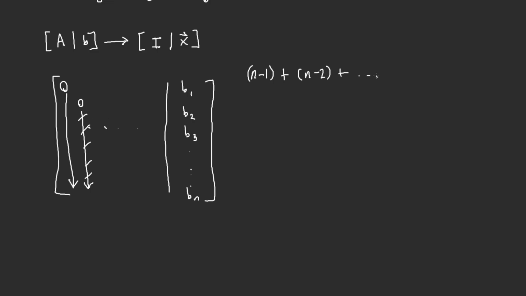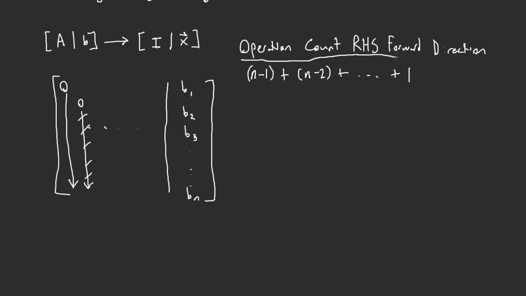And we need to do this for every one of the pivots. And so finally, when we get to the second to last pivot, we're going to do one operation. And so this is going to be the operation count on the right-hand side in the forward direction.